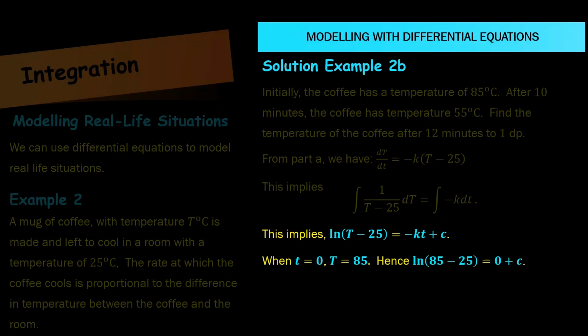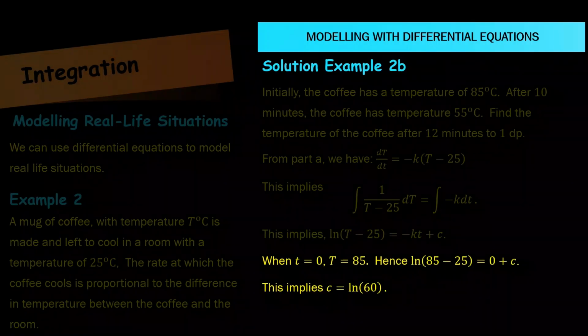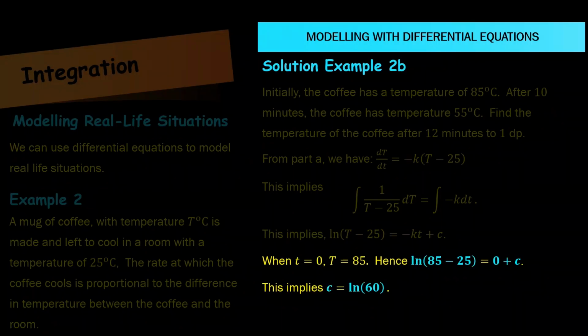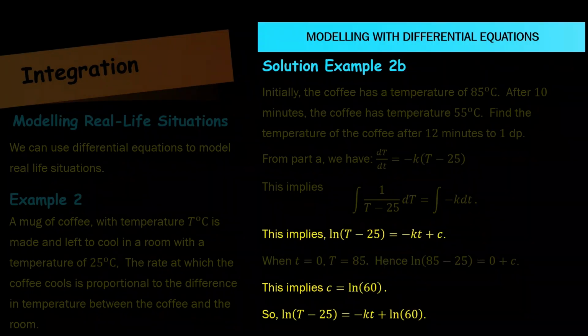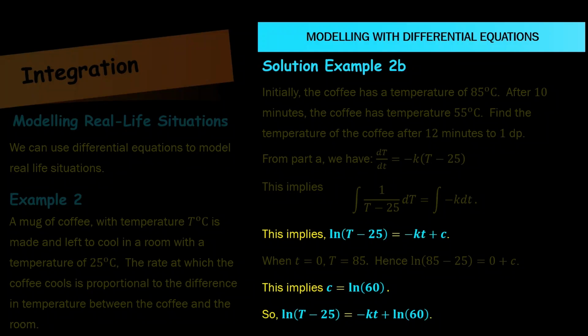And this implies that c equals ln of 60. Therefore, we've found our constant c, and we can plug this back into our equation to give us ln of (T minus 25) equals minus kt plus ln of 60.